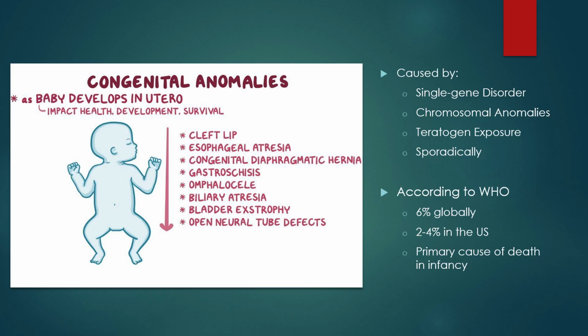Loma Linda sees a lot of these babies because of our level 4 NICU and the OB being an ICU situation. So cleft lip, esophageal atresia, congenital diaphragmatic hernia, gastroschisis, omphalocele, biliary atresia, bladder exstrophy, and open neural tube defects.